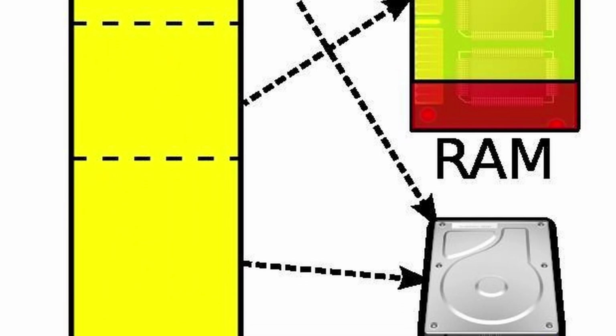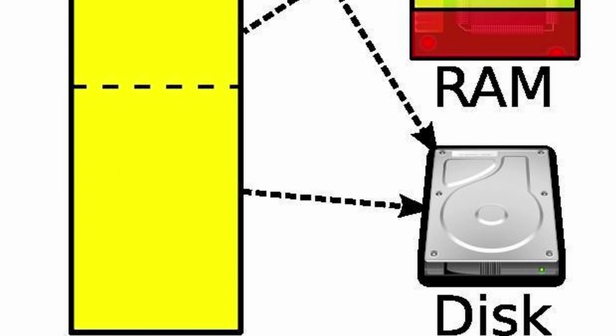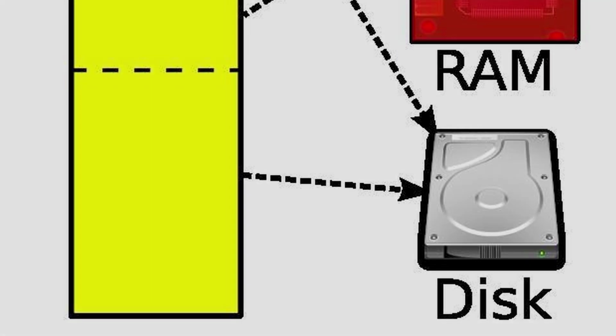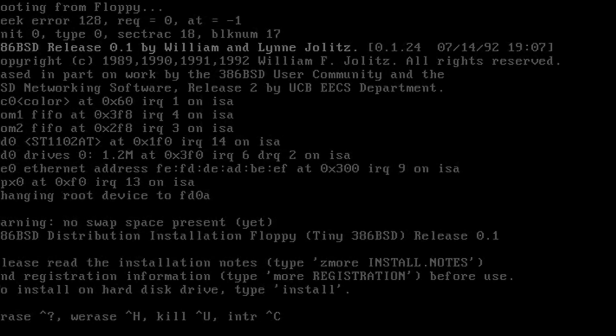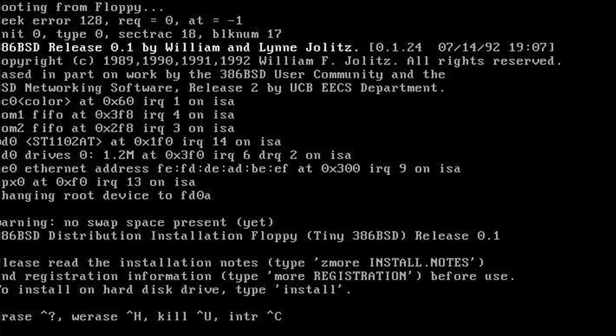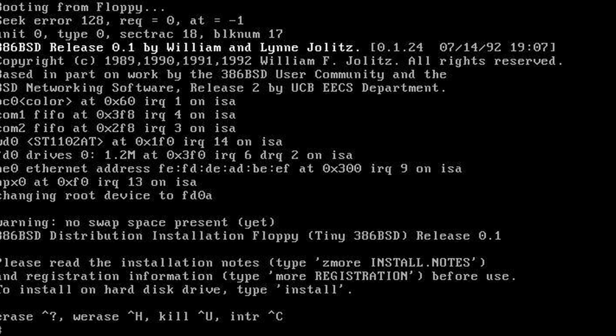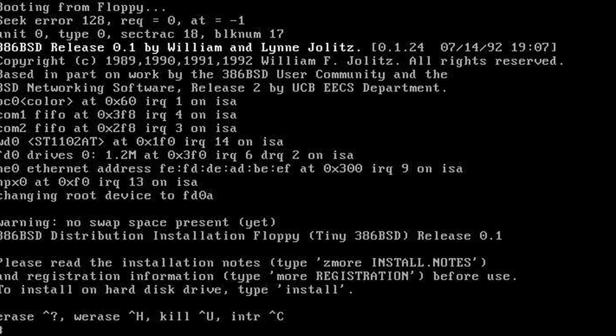Exactly. Now, shifting gears to OpenBSD, it takes a different approach. Its main focus is security and code correctness. That sounds crucial in today's world. It is. How does OpenBSD achieve this heightened level of security? OpenBSD is known for its incredibly rigorous code auditing processes.